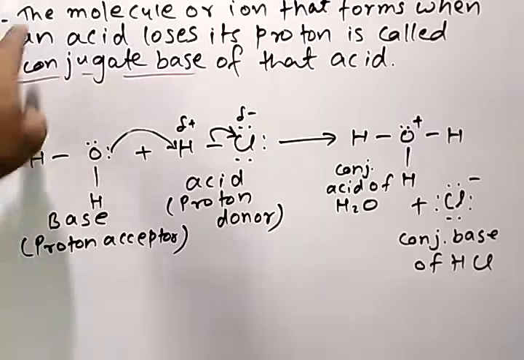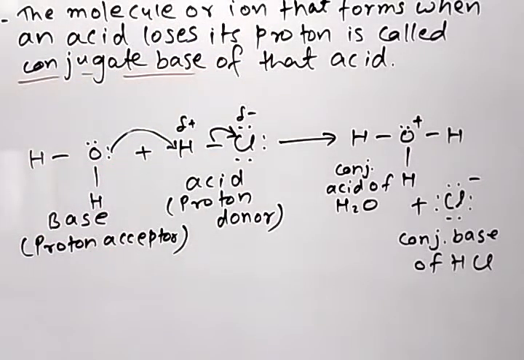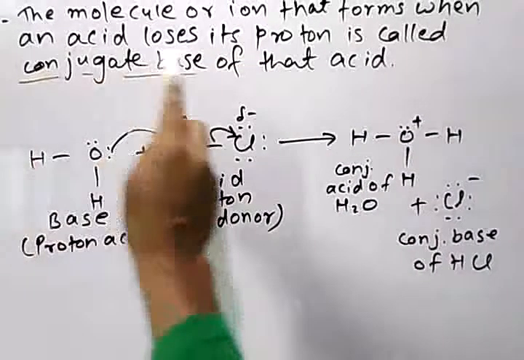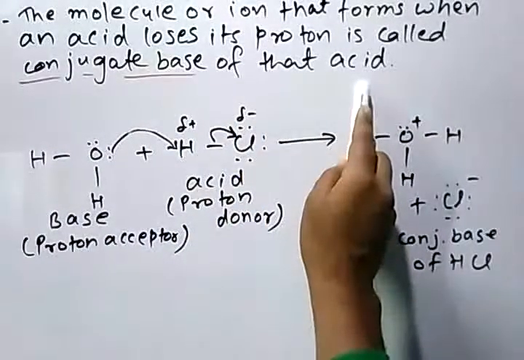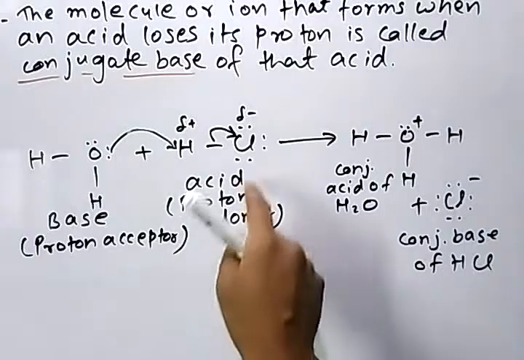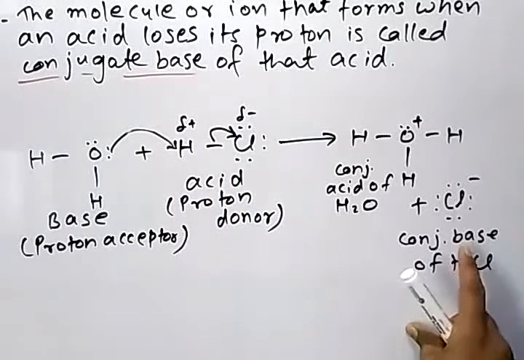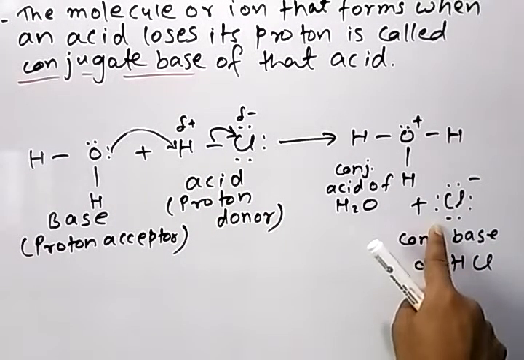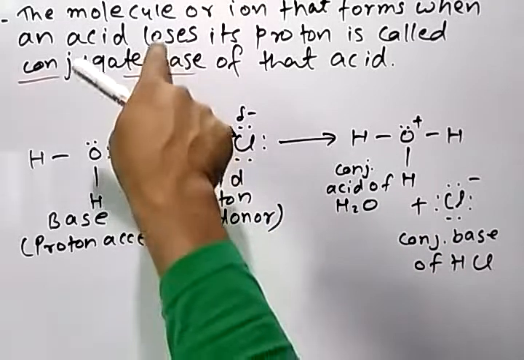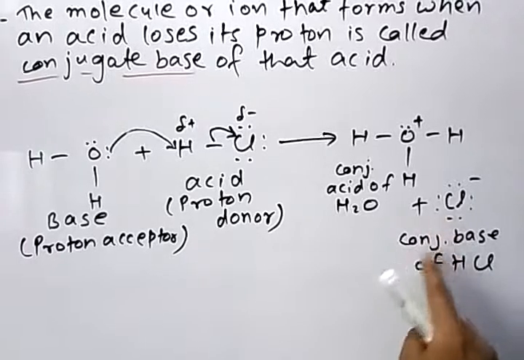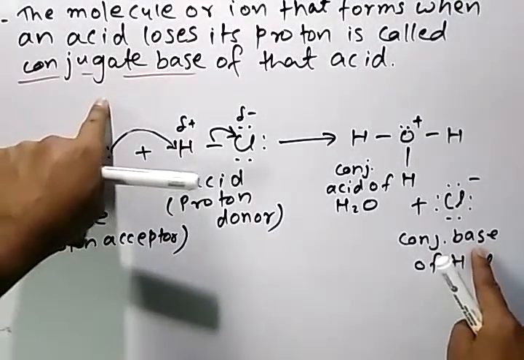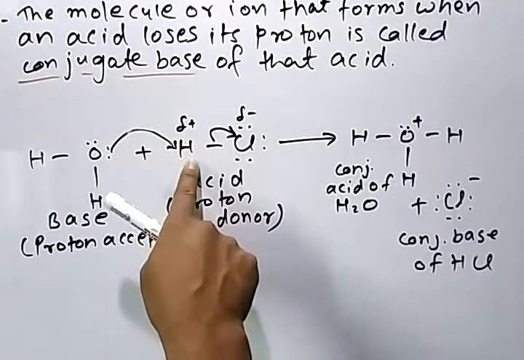So the molecule or ion that forms when an acid loses its proton is called the conjugate base of that acid. For example, here this ion is formed when this HCl loses its proton, so this chloride ion will be called the conjugate base of which acid? Of HCl.